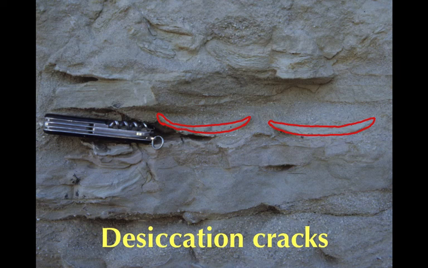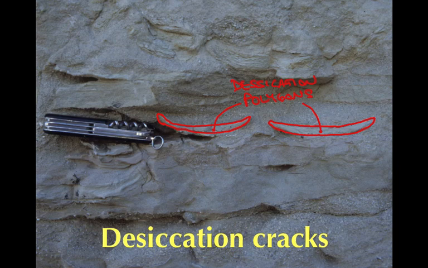And so these are individual polygons, as viewed from above. We would call these desiccation polygons that have cracked and then curled up as they dried out further.